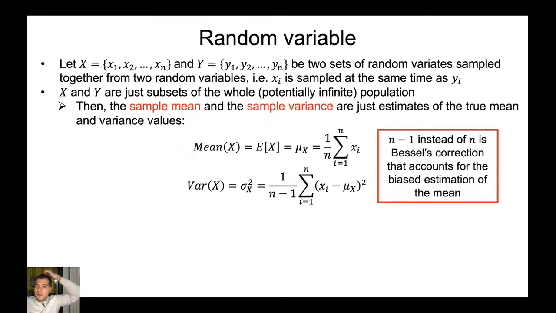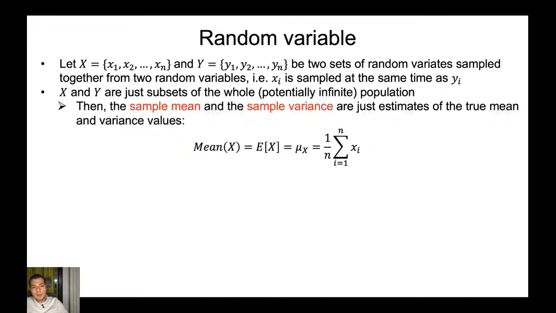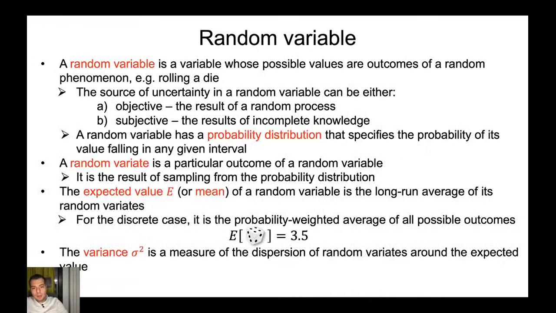So what this means, let's go back to the example with the rolling die. We know that in theory, the expected value or the average of the rolling die is 3.5. And let's say we have a discrete set of samples.